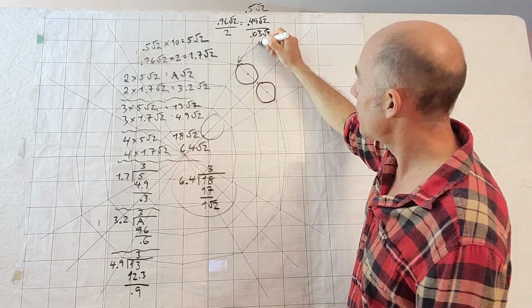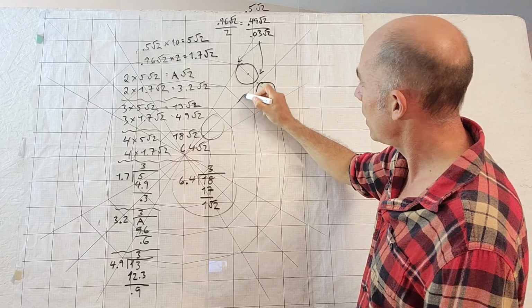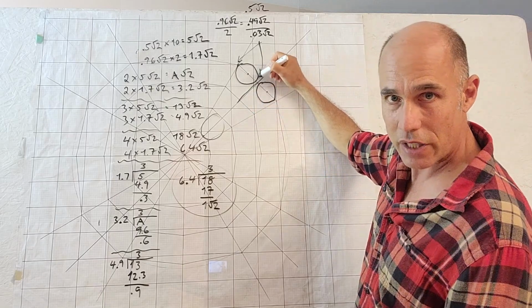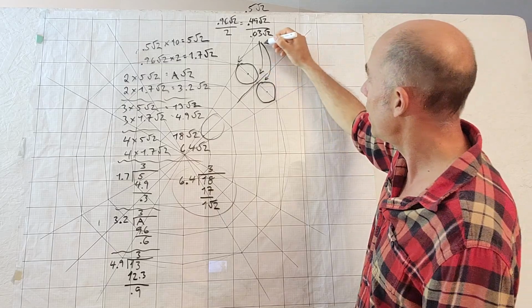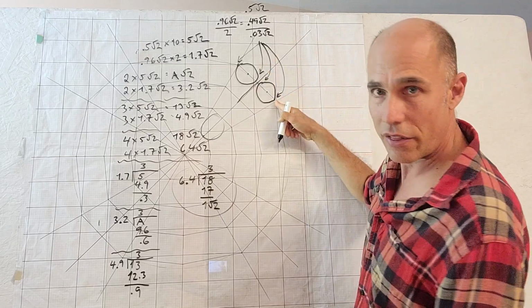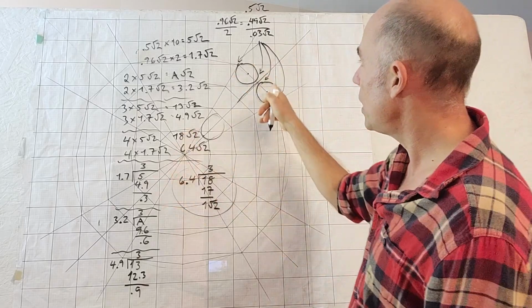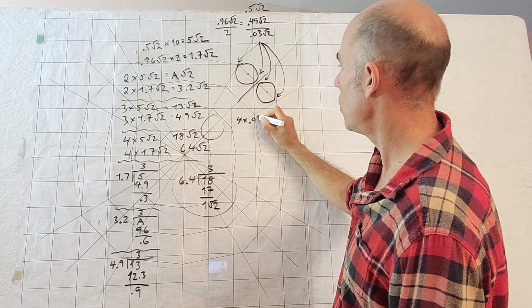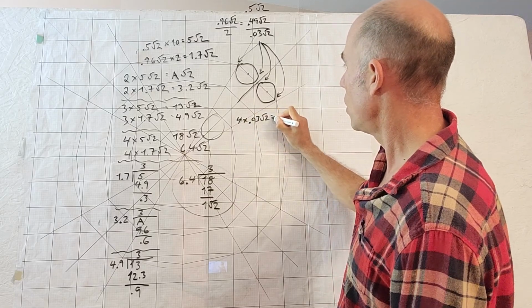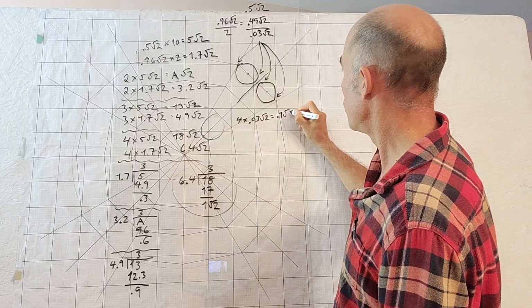And we also have that same 0.03 gap on this side between this line here and the circumference of that small circle. And then again, we have that same 0.03 on the other side, and then right down here on this side. So we have a total of gaps between these two circles of 4 times 0.03 root 2, and that results in the answer of 0.1 root 2.